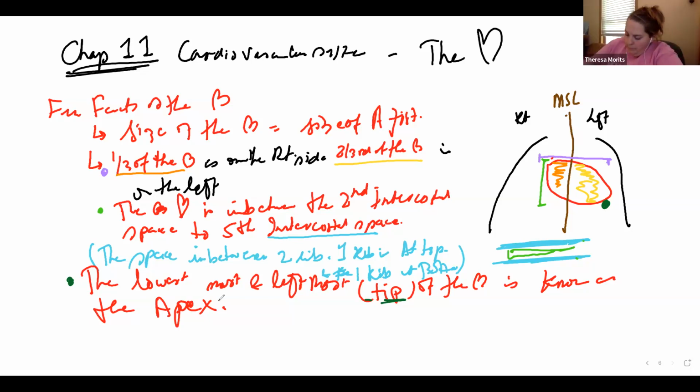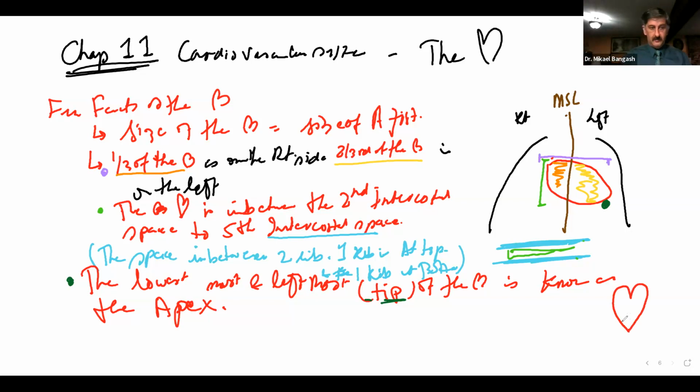So if we take our heart in Valentine's Day mood, what do we call this point here of the heart? That is what we'll call the apex of the heart.